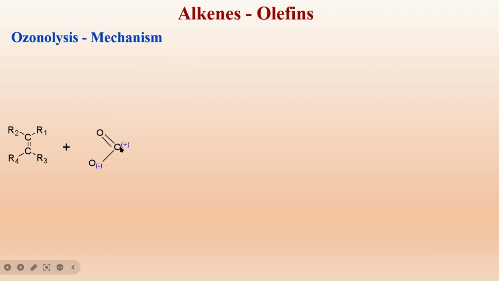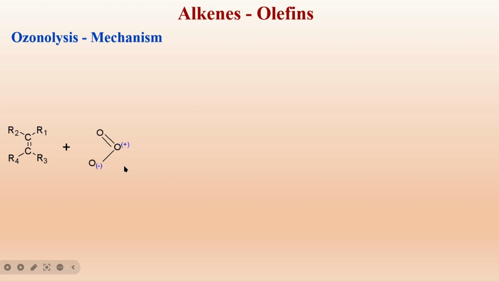The valency of oxygen is 2. It already has two bonds to this oxygen and another extra bond. It makes this central oxygen electron deficient. As this is electron deficient, this is electron rich, and that's why ozone is unstable.